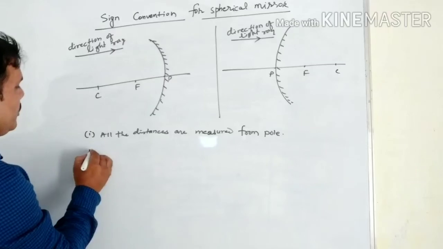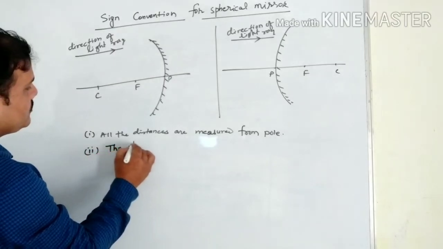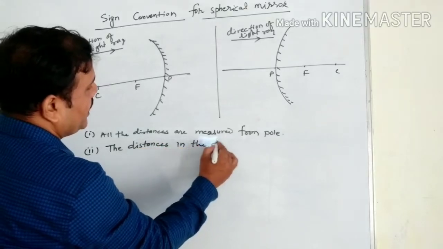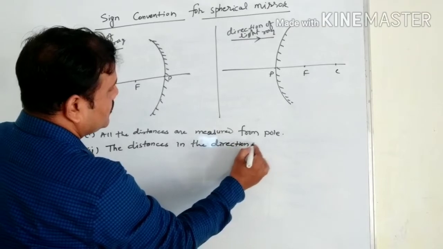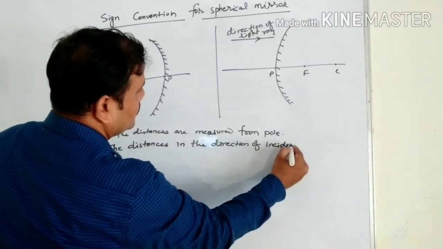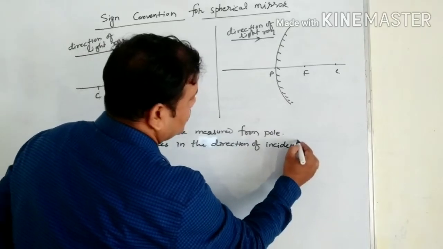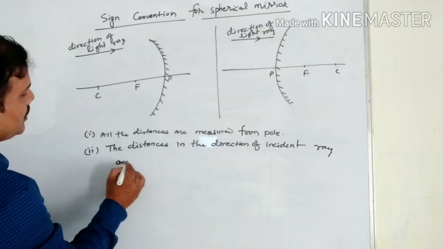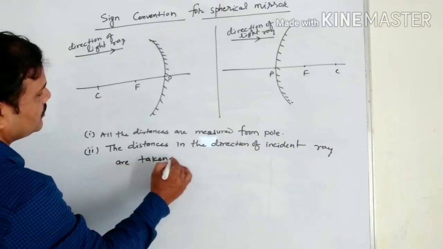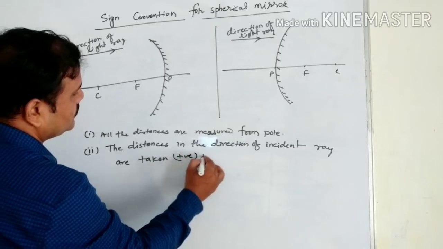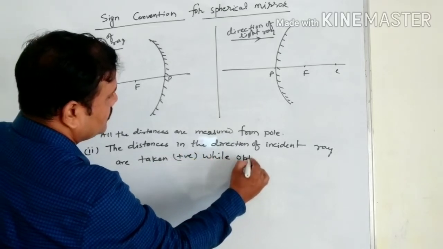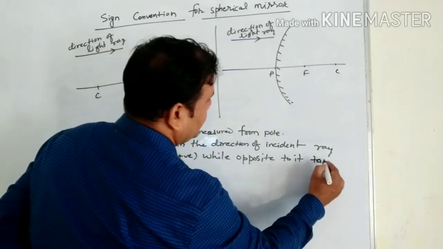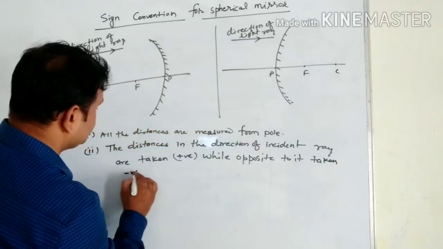Okay, second point, the distances in the direction of the incident ray are taken positive, while opposite to it are taken negative.